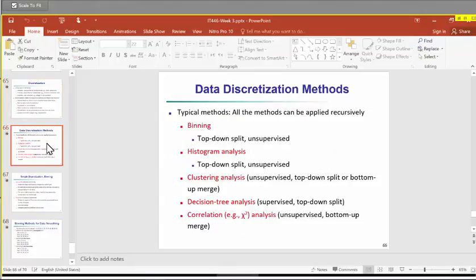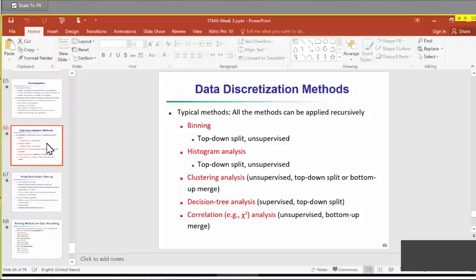Now there are many data discretization methods. Some of these are discussed over here in this slide. These typical methods can all be applied recursively. The first one is binning, which is a top-down split and unsupervised. Then we have histogram analysis, which is a top-down split, and again it is unsupervised.